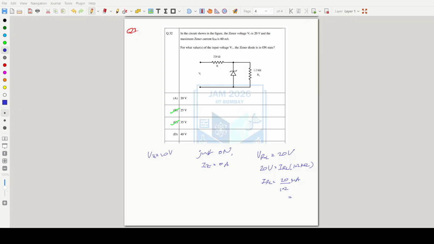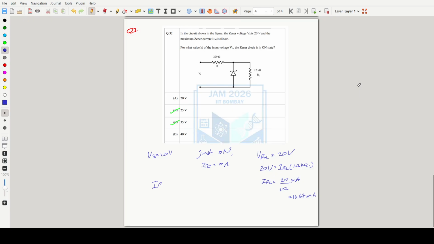20 divided by 1.2, that's 16.67. 16.67 milliamps. Okay, so that's the value of my IRL, and because IZ is 0, this is the same current that's flowing across R as well.